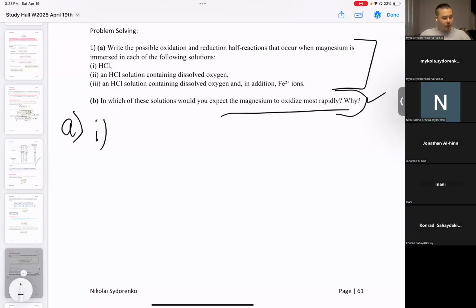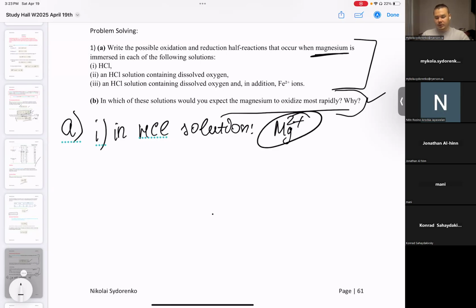So we need to write down essentially the oxidation and reduction couple in the HCl solution. So in HCl solution, what are we going to get? We have magnesium that is being oxidized, right? So we know that the magnesium has two electrons to give, so it's ready to react as always.